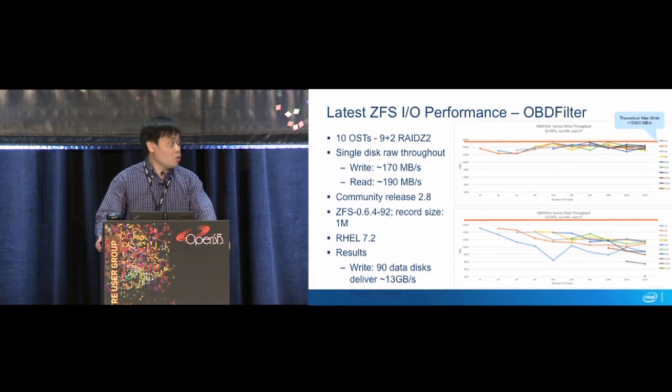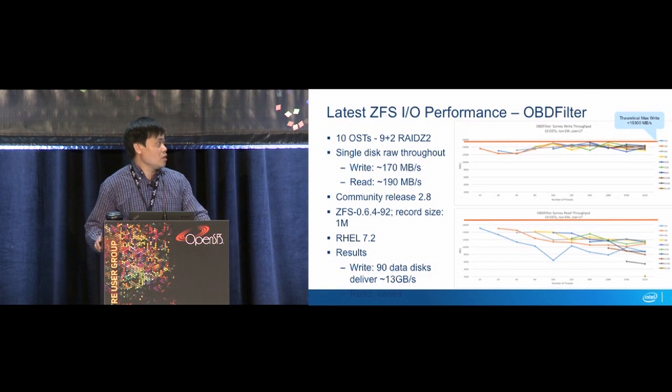So this is the obdfilter performance result. As you can see, ZFS is delivering really good write performance. The red line on the right side is the theoretical maximum throughput.